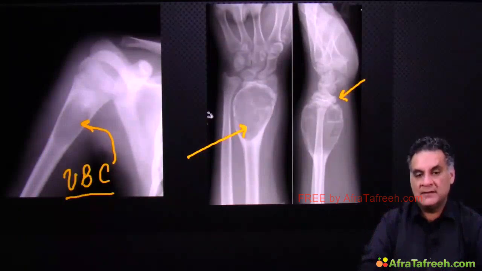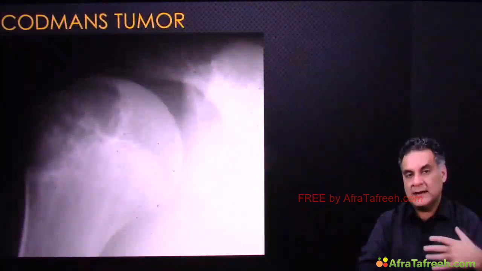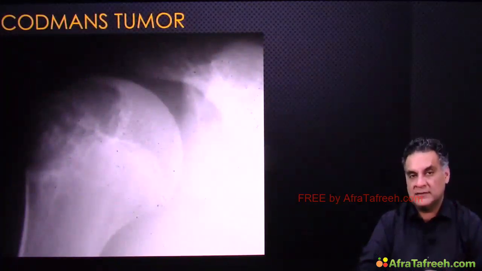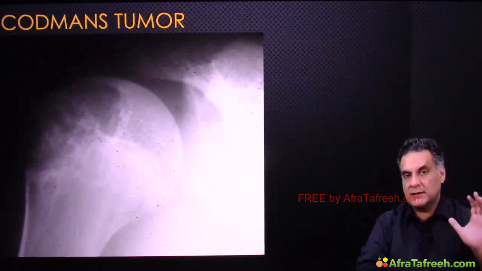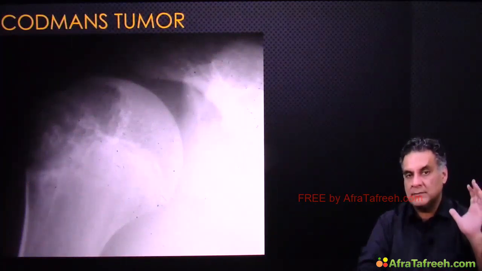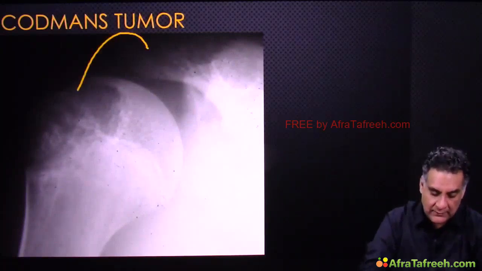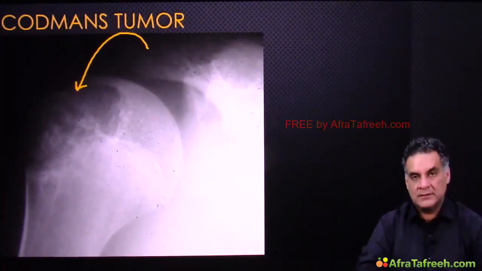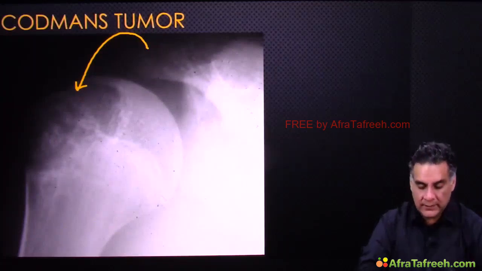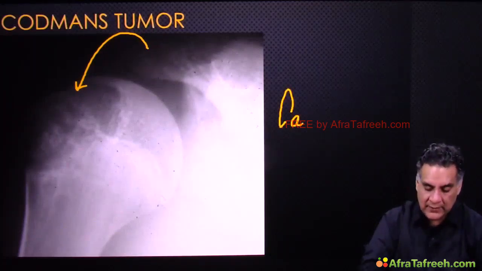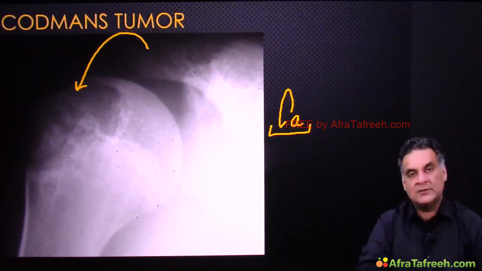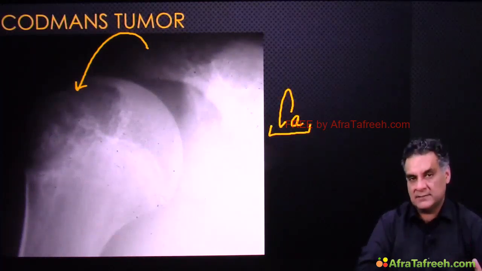So that is ABC. If you look at the upper end humerus, metaphysis, you will think about unicameral bone cyst. But when you look at the epiphysis, think about chondroblastoma. Chondroblastoma will be calcified because cartilaginous tumors have calcification.